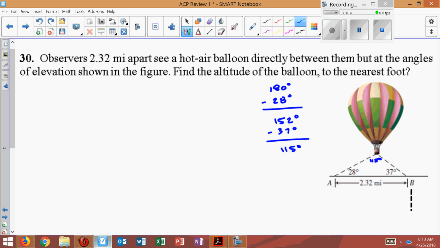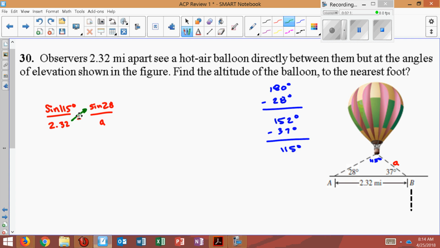So I'm going to take any angled pair with its side, so I'm going to use these and say that sine of 115 degrees over 2.32 will equal any other angle and the side across from it. So I'll just find this side right here, across from A. So we'll say that sine of 28 degrees over A will be equal to the sine 115 over 2.32.